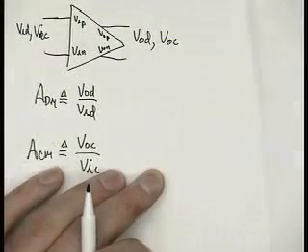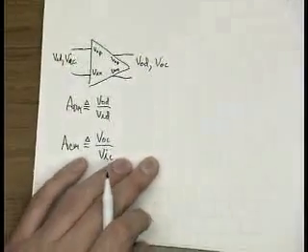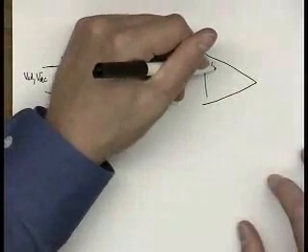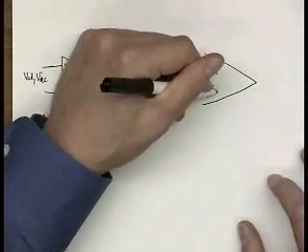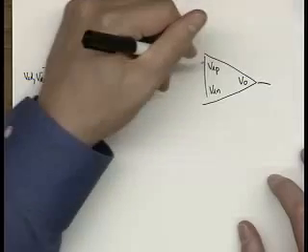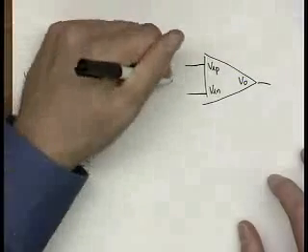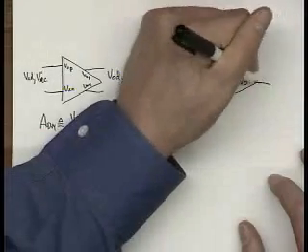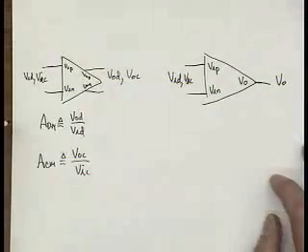Can we zoom out just a touch? Great. What we have is a block that looks like this: VIP, VIN, and Vout. This has a differential and a common mode input, but there's only a single output voltage.